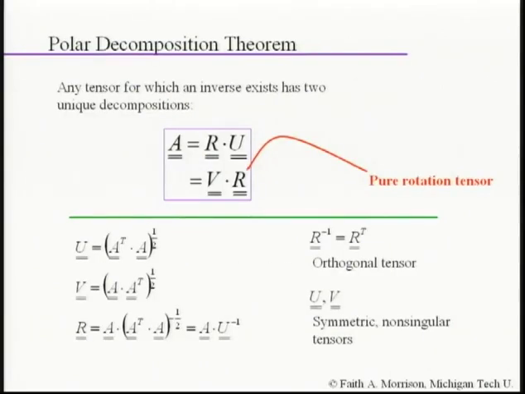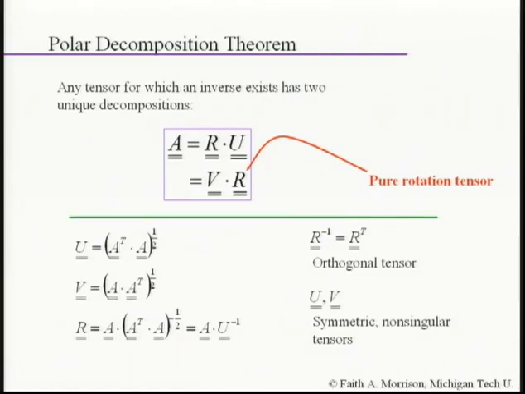So as I said, because we're not going to be able to spend a ton of time on these things, I'll have to be just descriptive in how this works. The polar decomposition theorem says that any tensor for which an inverse exists has two unique decompositions. So I can write any tensor for which an inverse exists, for example, tensor A, as the product of two tensors given by these formulas down here.